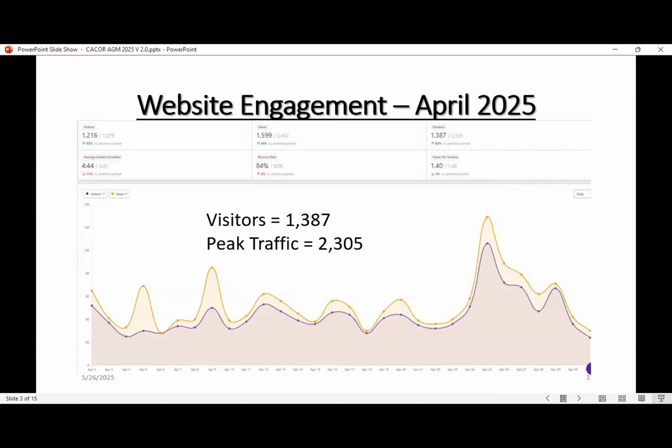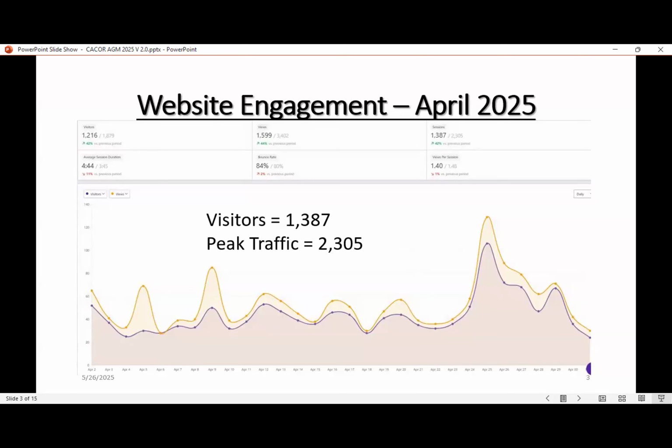And of course our peak traffic was 2,300. The difference being some visitors come back more than once, and so you can see the difference between the visitors and the views. But it's just an indication of how dynamic this sort of data is, and I just want to leave you with a feeling for what we're doing and how successful we are at doing that.